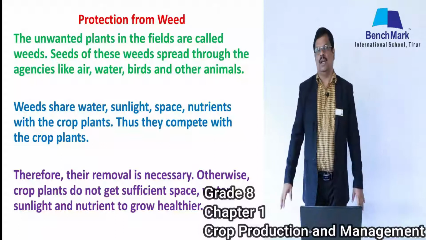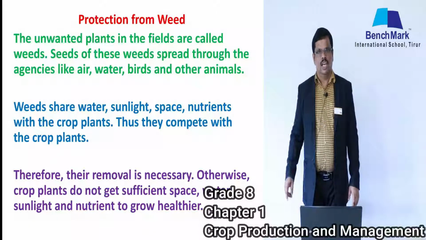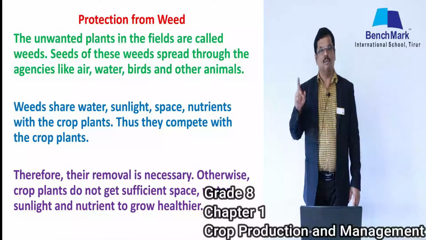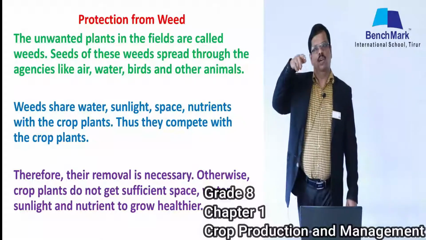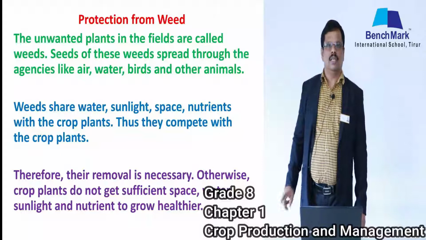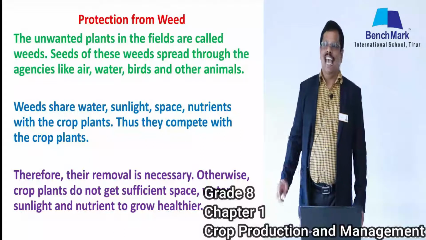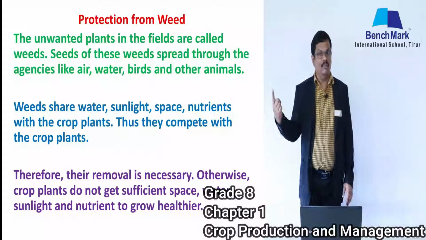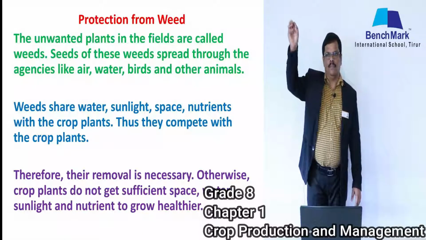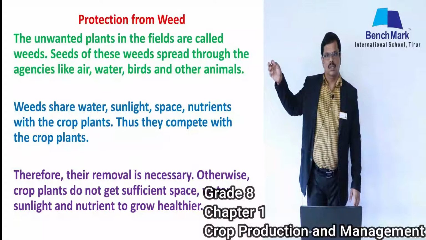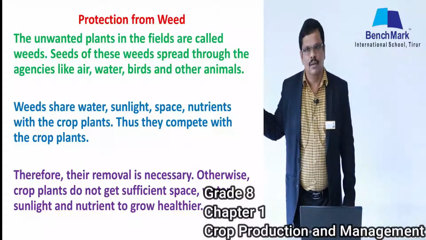Very simple example I'll tell you. Sometimes when you pass by car or when you walk along the countryside, you can see along with the paddy, means rice plant, right? Along with that you can see the grasses growing. So what is unwanted over there?